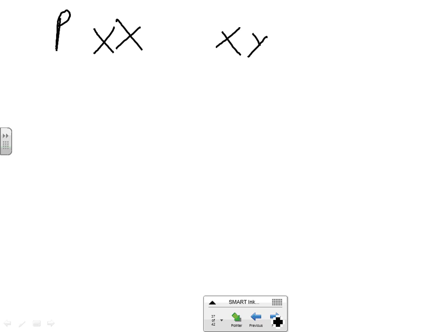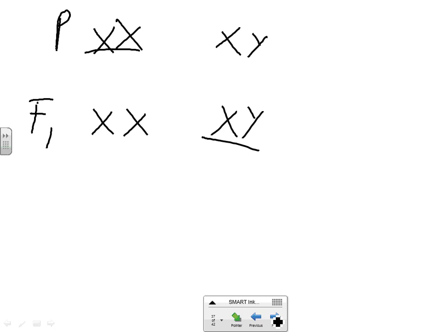And then in the F1, all the males have white eyes and all the females have red. We need to figure out which one's dominant. She started off with white eyes. These all got white eyes.